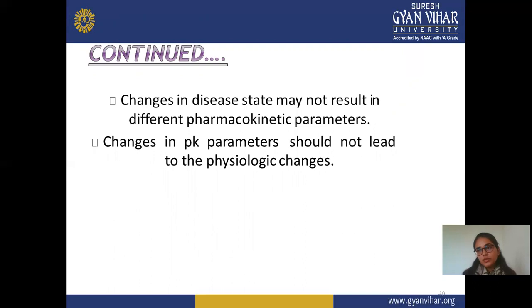There may be variation, and the effect is not similar in both healthy and diseased persons, because the disease may cause the effect of the drug to increase, decrease, show insufficient effect, or show more toxic effect. So the concentration of the drug may vary in the disease state, and that person may not receive the required effect from the drug.